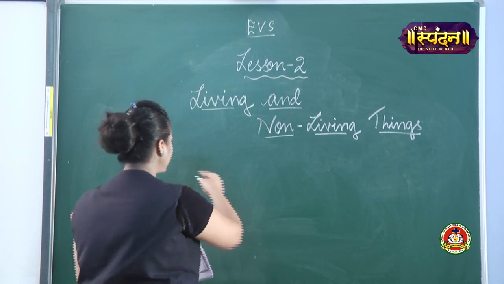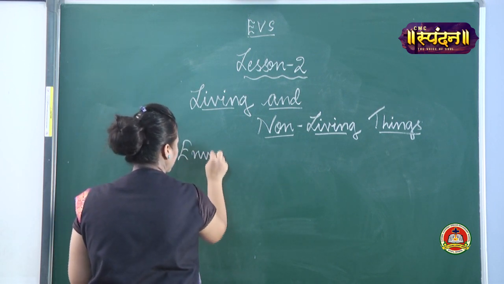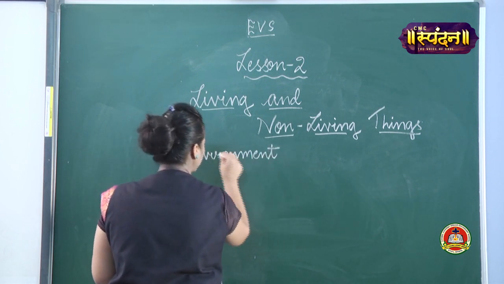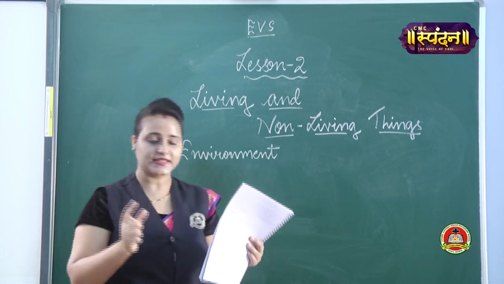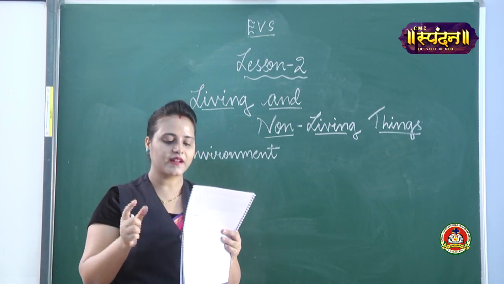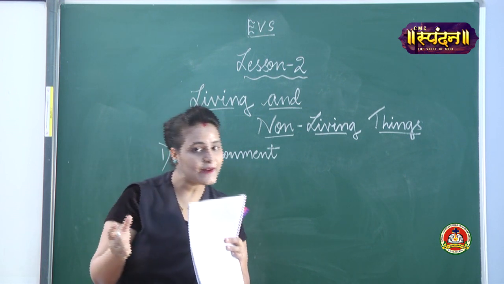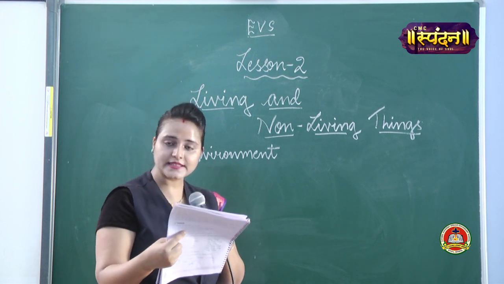First term is environment. Yes? What is an environment, my dear children? Things surrounding us. All the surroundings together form our environment. Okay? Then we have natural and man-made things.